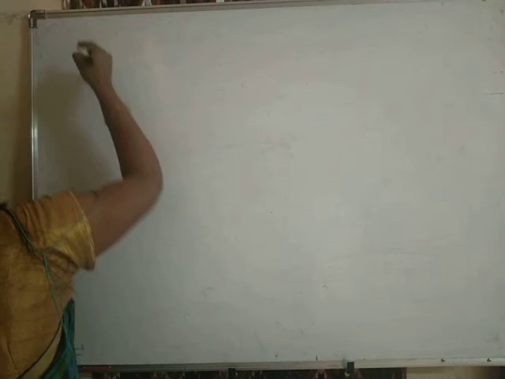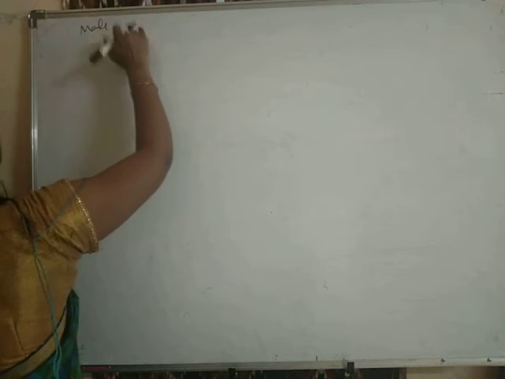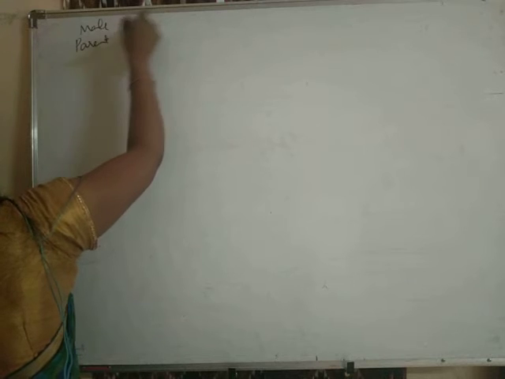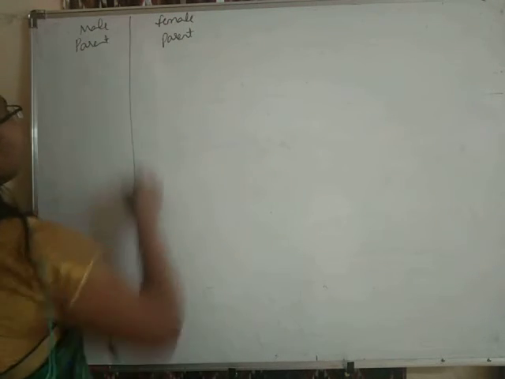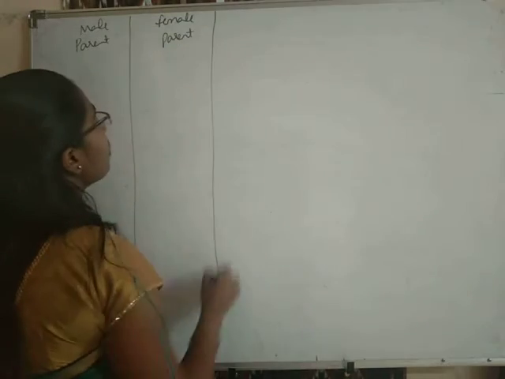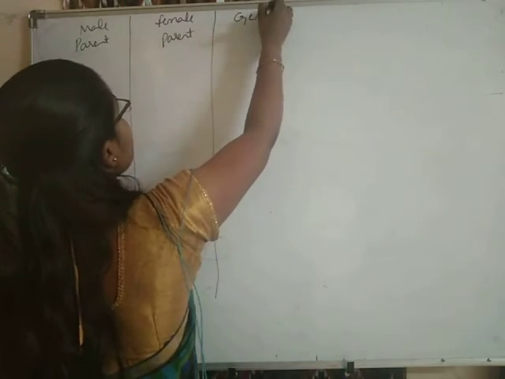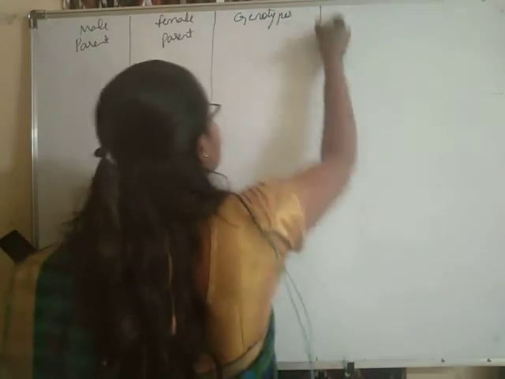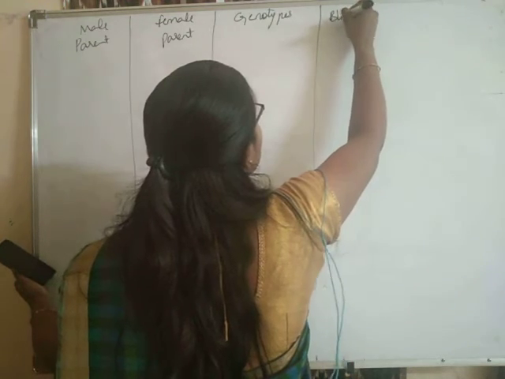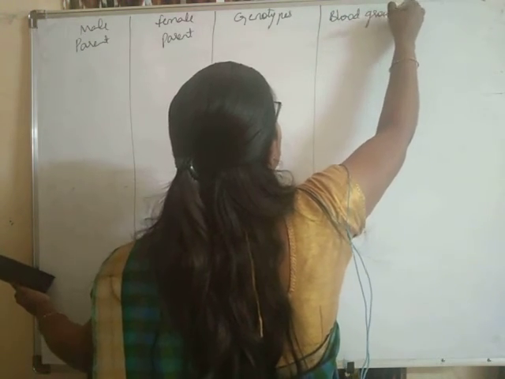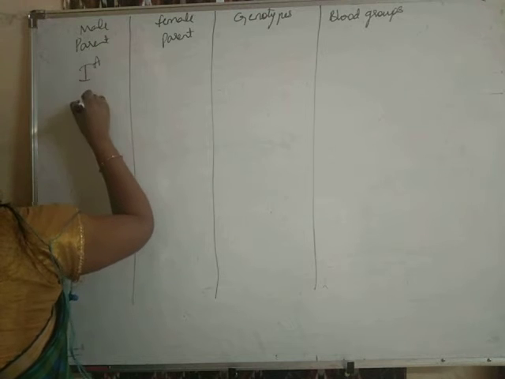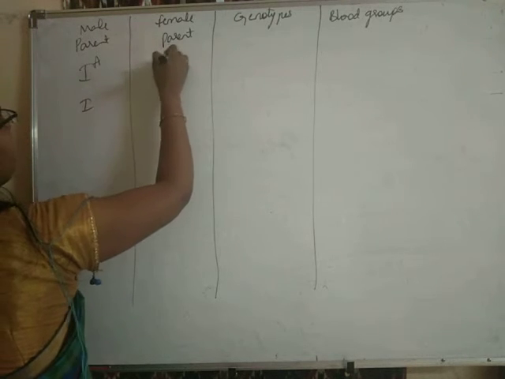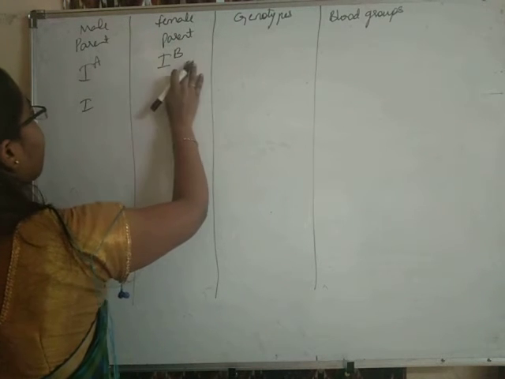So, male parent, female parent. From a male parent and female parent, we will see the possible genotypes and the possible blood groups. The male parent, if he is having IA allele, and if the female parent is having IB allele, what happens?